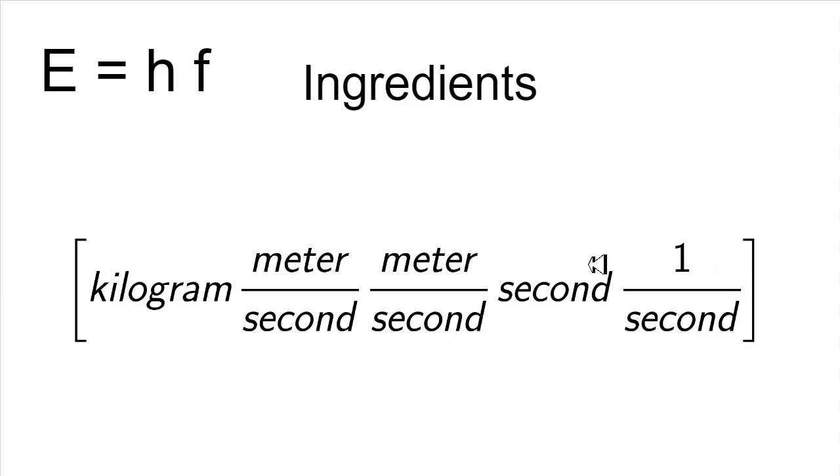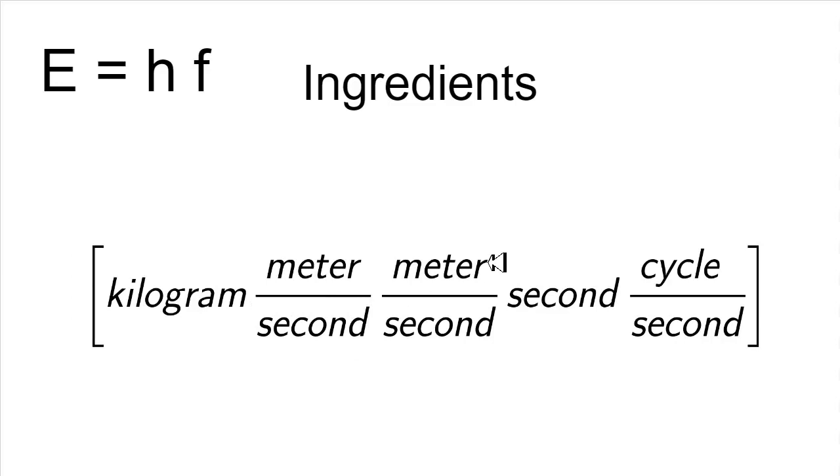So I go back home and I open the recipe book and do a little digging and discover that this one actually means one cycle. And so now I have all the ingredients to make my cake. Now I know when I go to the store what I need to get in order to follow the recipe and make the cake.